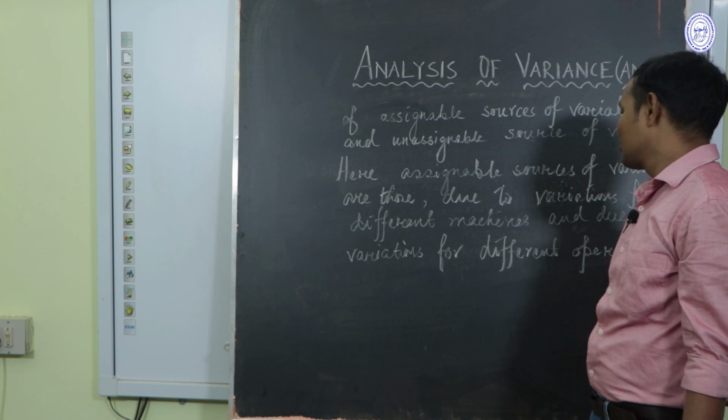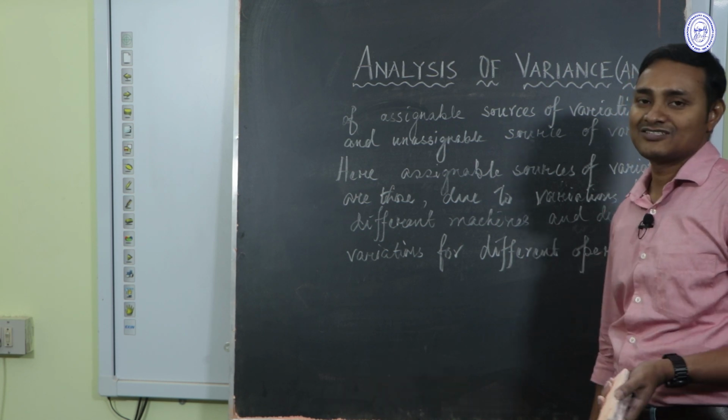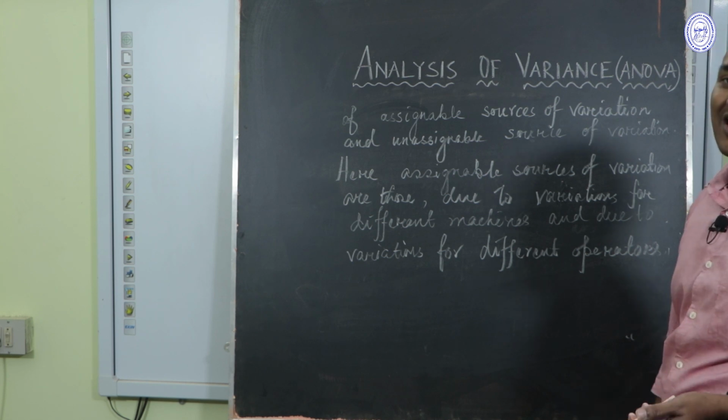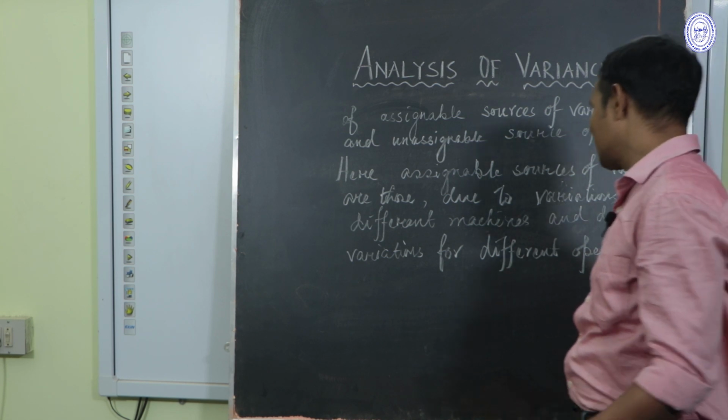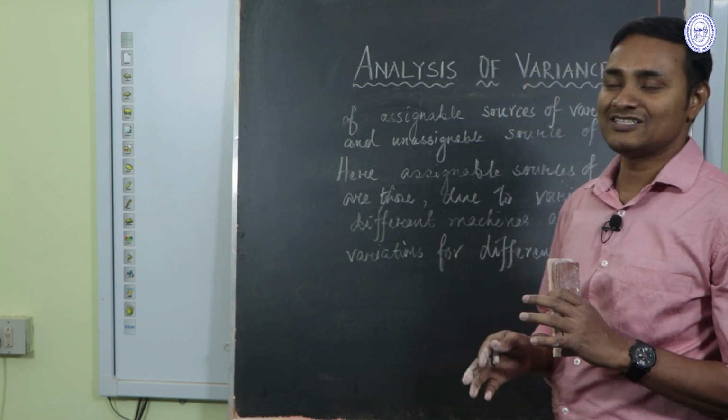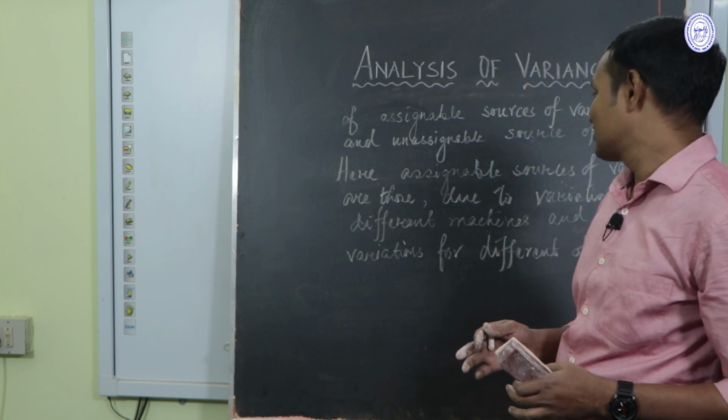Unassignable source of variation is called random error, which is unexplained by the difference between machines and between the operators.